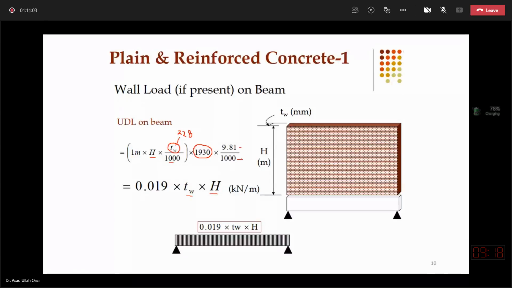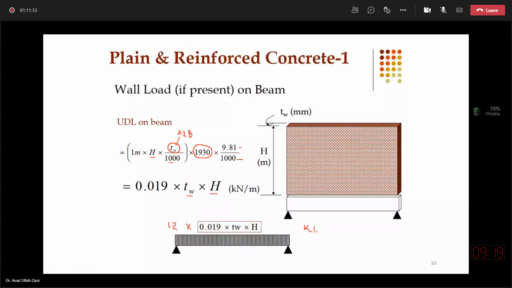So this simply will give you the masonry wall load per unit length, service. Then obviously you will multiply this with 1.2 if you are working on ultimate strength design to convert it into ultimate wall load on the beam in kilonewton per meter.